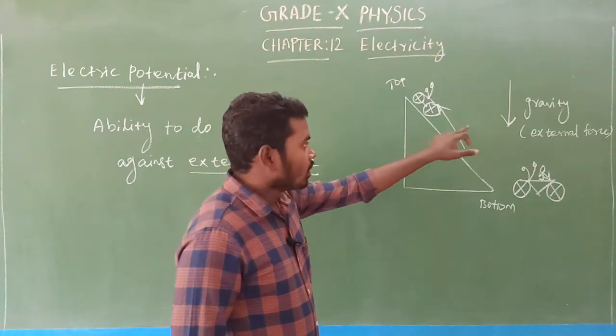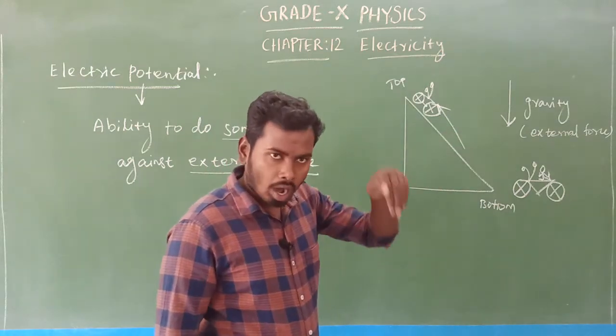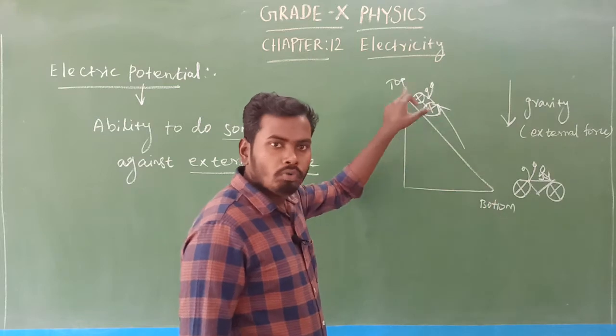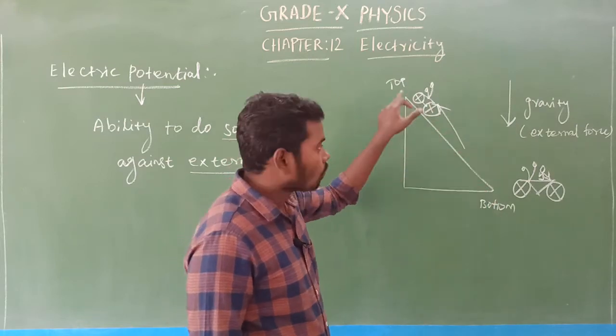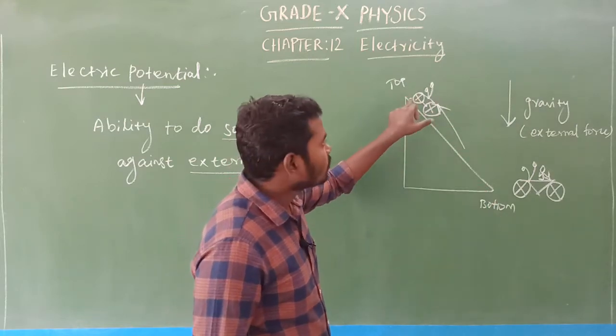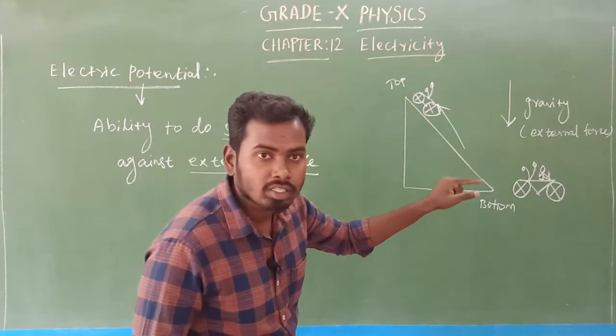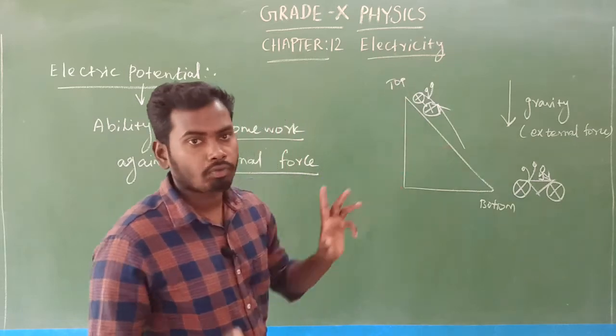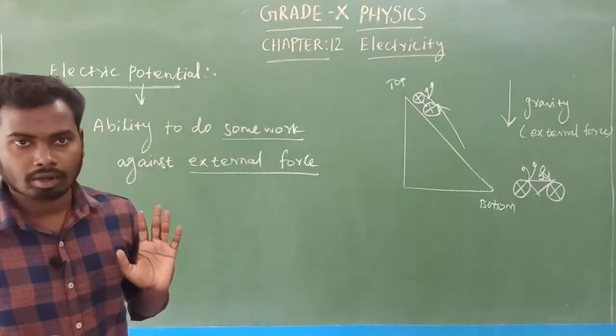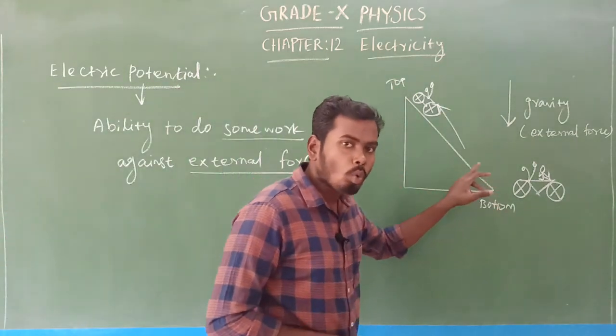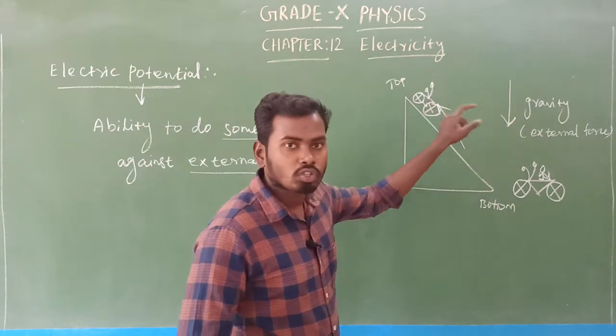Is it clear? Even though gravity pulls down, you are applying more force, due to which you come to the top. Here you have the potential to overcome the external force. What force?